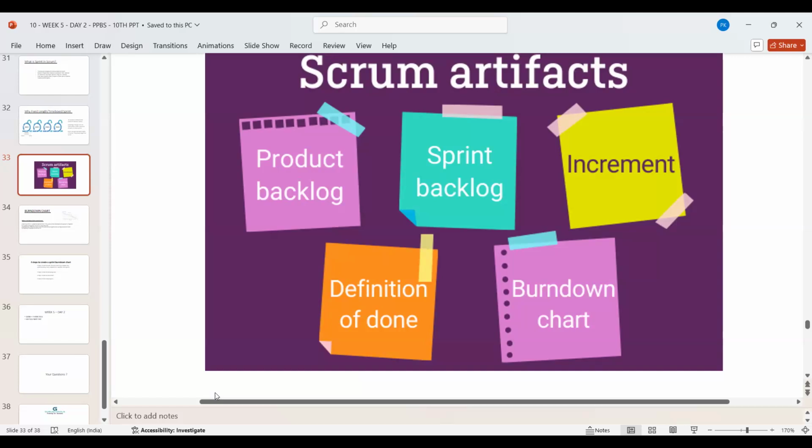Now, definition of done means when we declare that something is completed, or work is completed, that has to be absolutely correct.